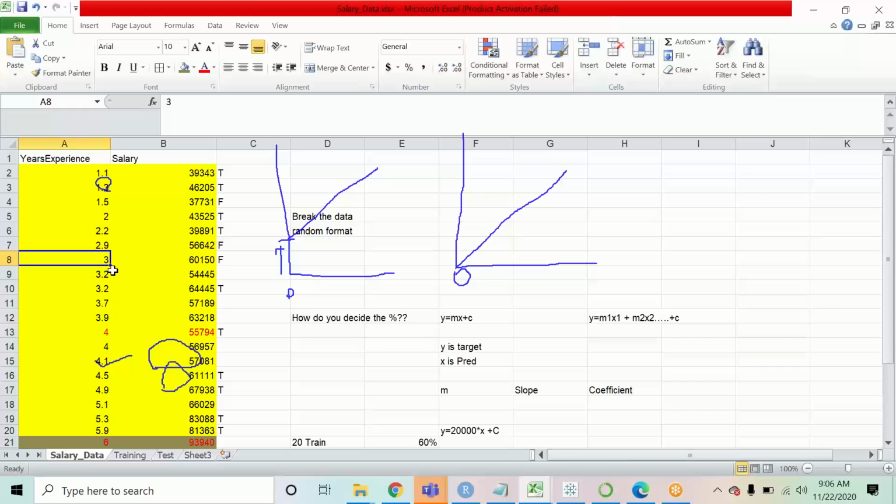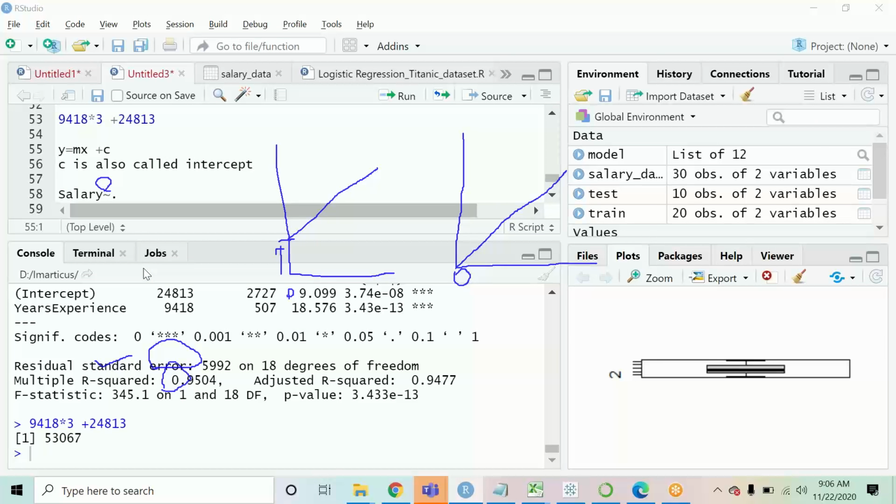See, there is a person with 3 years of experience whose salary is 56,000. Similarly, if you see over here, in the range of 3 years, some are having 54,000, 64,000, 57,000, right? So there is a variety of numbers present for 3 years of experience, and my model is giving approximately 53,000.